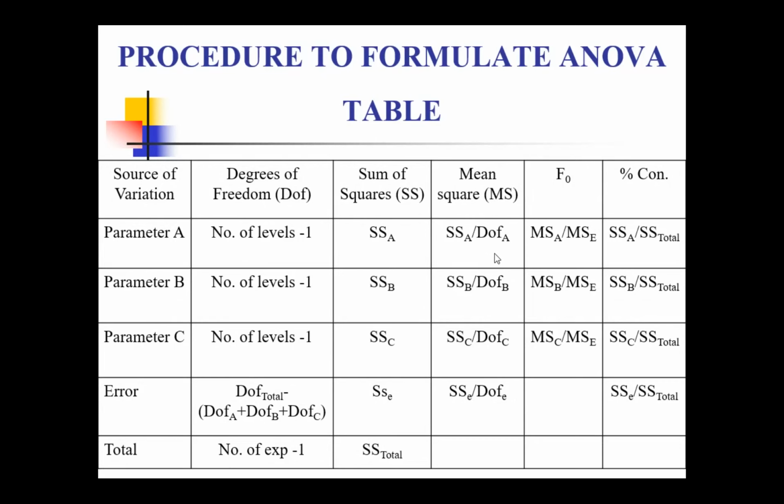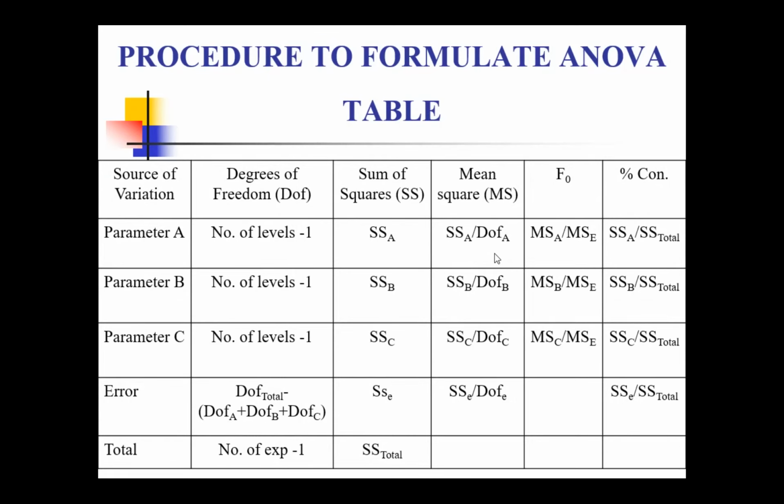So here I am going with 3 parameters without any interaction term. So I have parameter A, parameter B, parameter C. The degrees of freedom for each parameter is the number of levels minus 1.